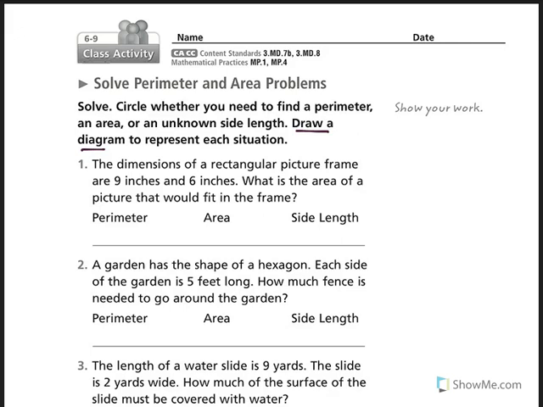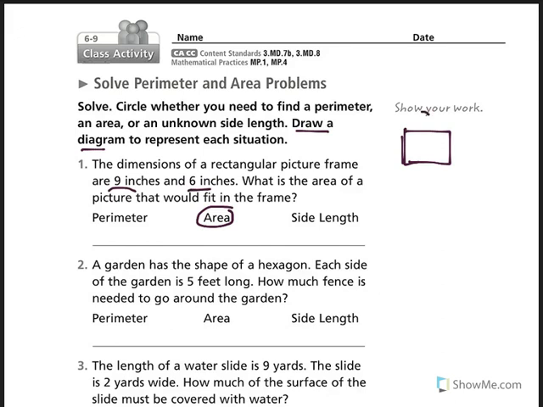So, number 1, the dimensions, like the length and the width, of a rectangular picture frame are 9 inches and 6 inches. What is the area of a picture that would fit in the frame? So we're looking for the area. Just draw a rectangle. And we know the dimensions are 9 inches and 6 inches.